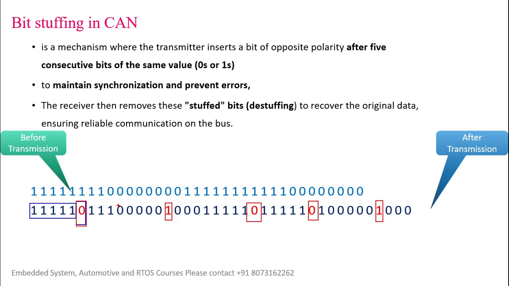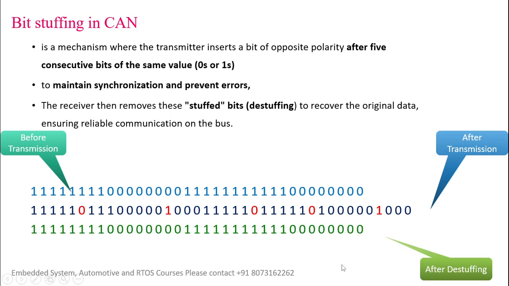It should be continuous zeros or continuous ones. You can see here continuous zeros, and here continuous ones, and so on. This process is called bit stuffing. So this is after transmission, and I have one more case here: after destuffing.